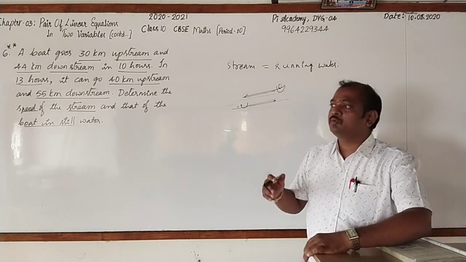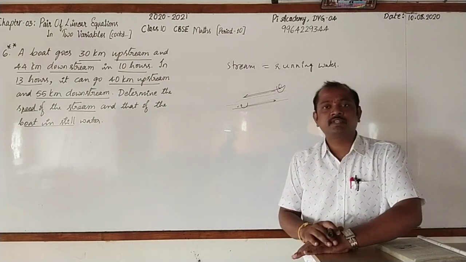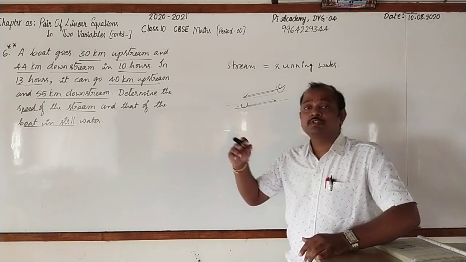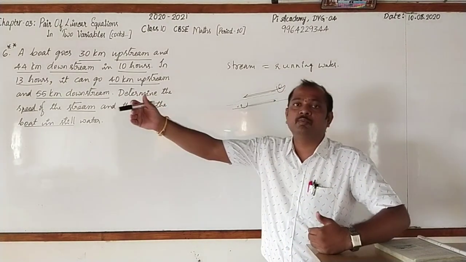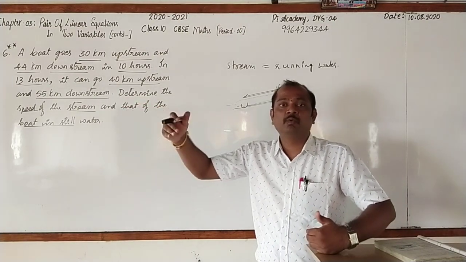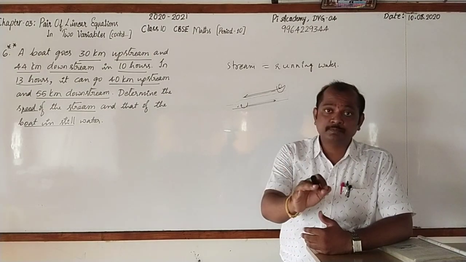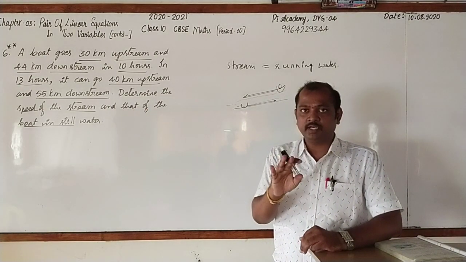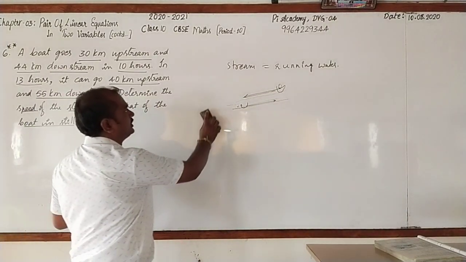Suppose you want to swim against the running water. It is possible if and only if you swim with a speed more than the running water. Then what will be the net speed? Net speed will be your speed minus the running water speed. Got it? With this example, let us go for solving this.